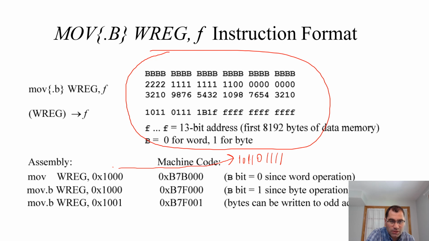So this is not a byte operation, so if it is a word operation, it's 0, so it's gonna be 0. And then I have 1 1 here, and then I have 13-digit binary value for this address location.